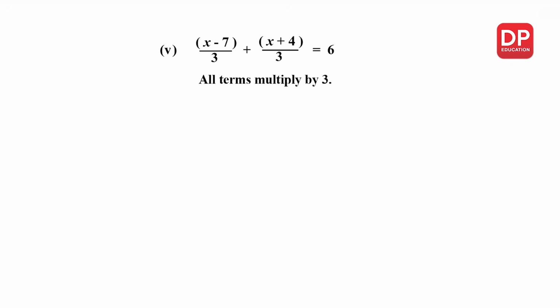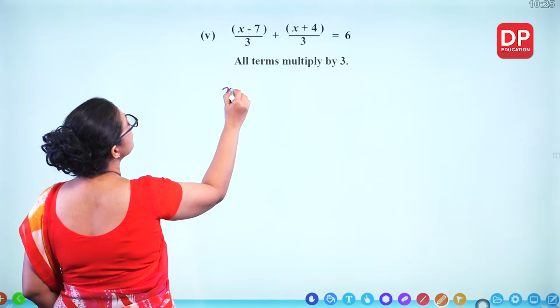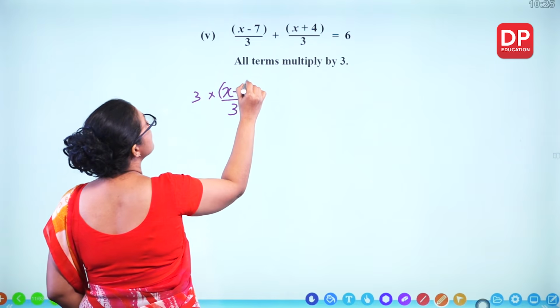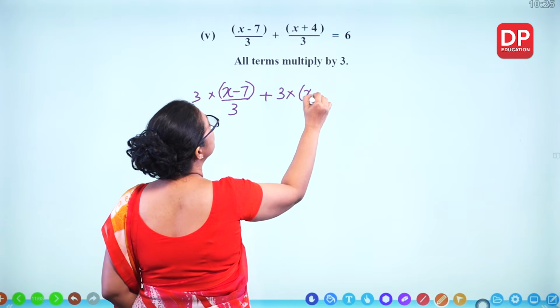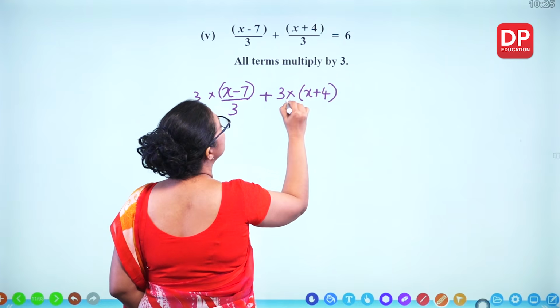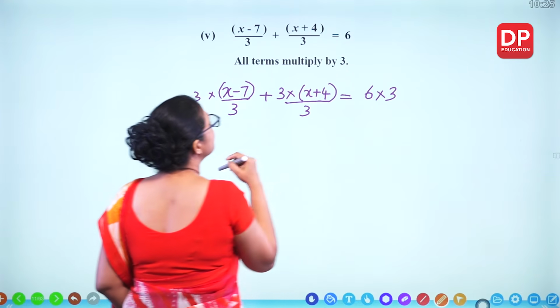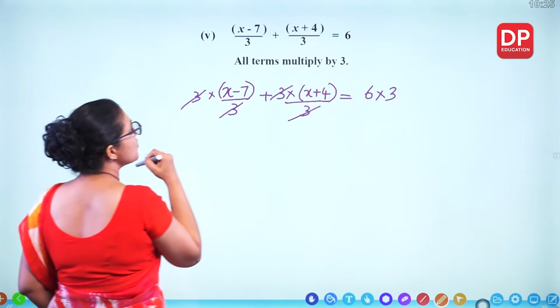This one, you get 3 as the denominator. So, multiply all terms by 3. Make sure you put brackets. Times 3. Now, 3 gets cancelled out here as well as here.